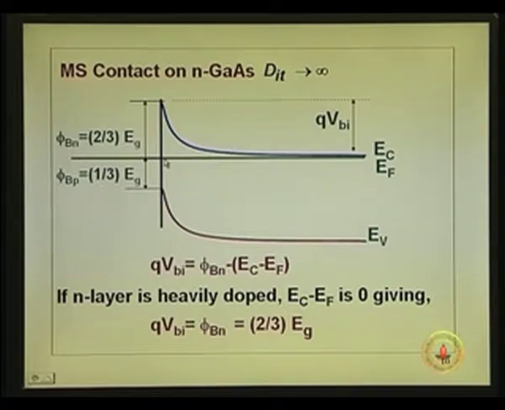So, the consequence of doping it heavily is that this quantity becomes closer and closer to phi Bn. The built-in potential is closer and closer to phi Bn. In the diagram that I have shown, Q phi BI is equal to phi Bn. In fact, it will be getting closer and closer to that, and it does not move too much into the conduction band. It will be just merging into this Ec. So, what you will have is the phi BI, which is about phi Bn.